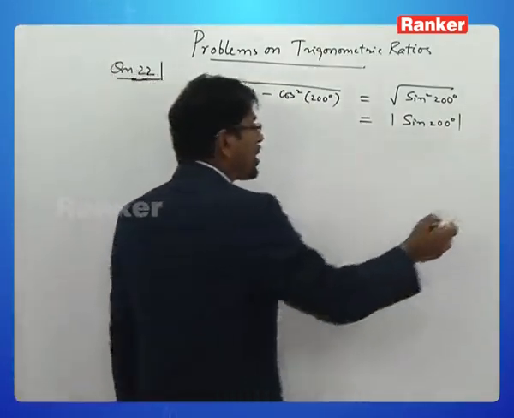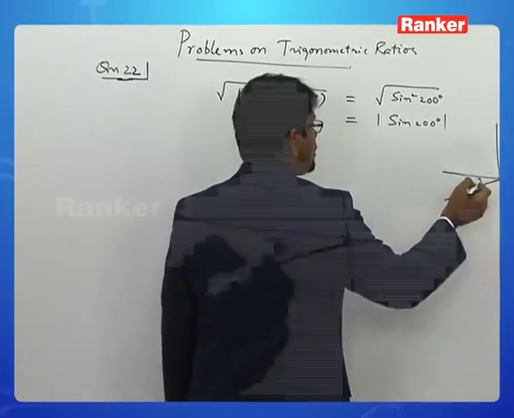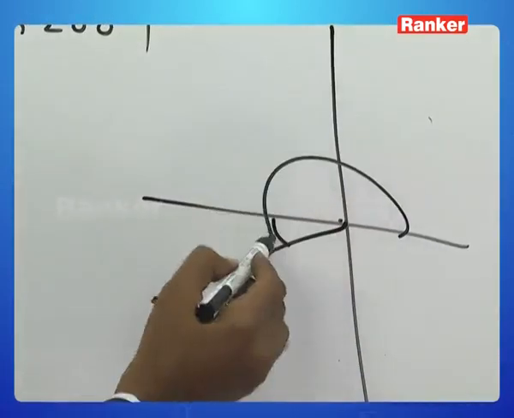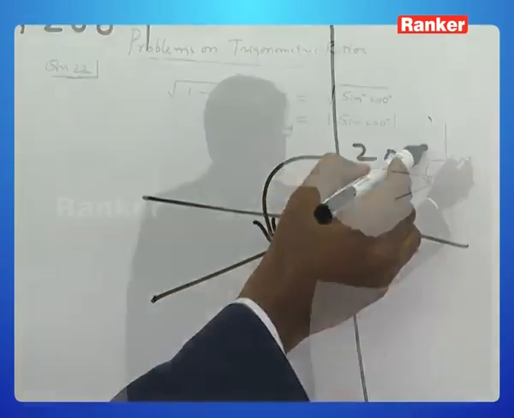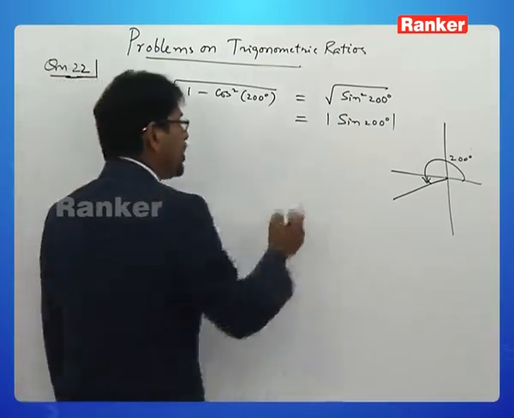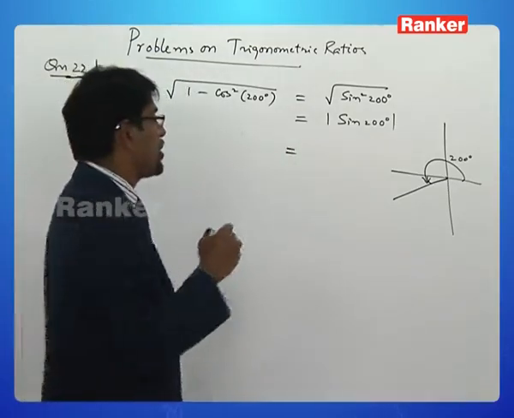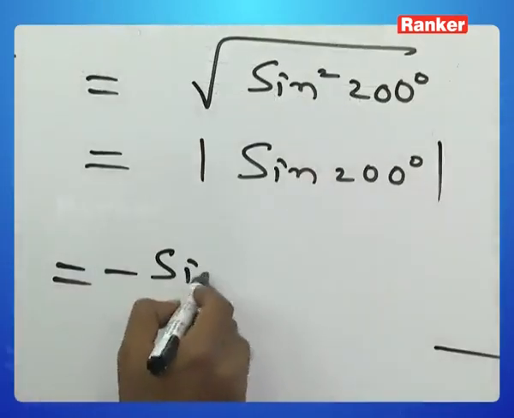So 200 degrees falls in which quadrant? It falls here. This is 200. In the third quadrant, sine is negative. So what is mod x whenever x is negative? Minus x. So it should be minus of sine of 200.